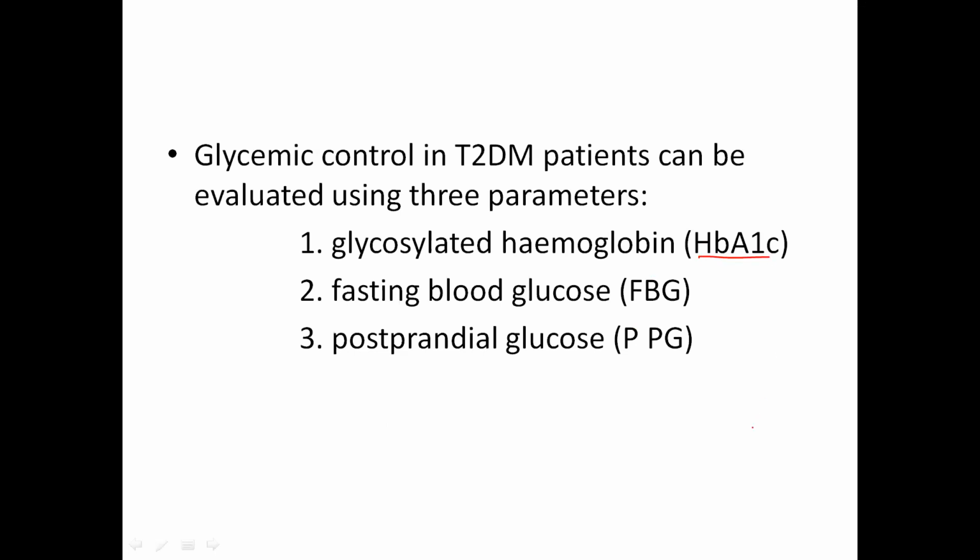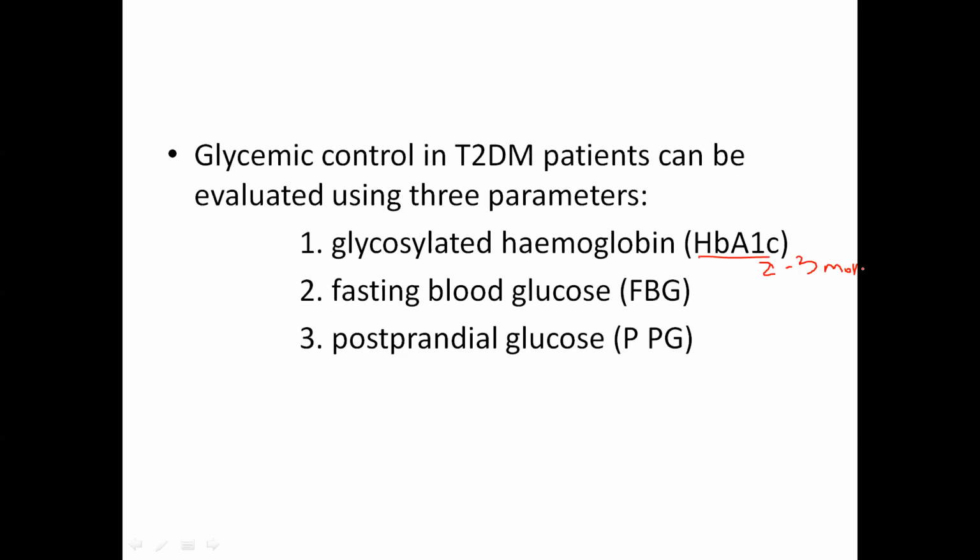This reflects your average sugar. Hemoglobin A1C reflects the average blood sugar level in the past 2 to 3 months in patients with diabetes. So this is very important, to sum up the average glucose level in the past 2 to 3 months.